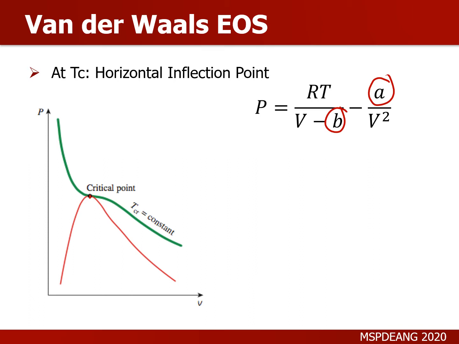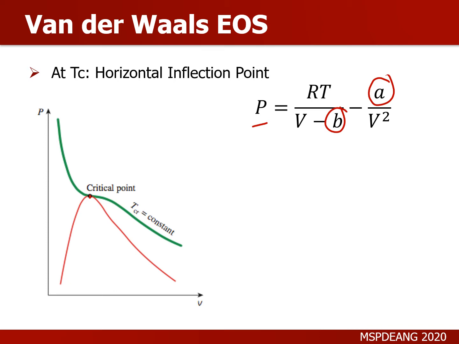The horizontal inflection, coupled together with the van der Waals EOS, will give us a way to obtain functions for A and B in terms of the properties of the actual fluid that we need. So imbes i-tabulate natin, we can now actually have derived equations for both A and B for each gas. And this is now tied together with our critical point.